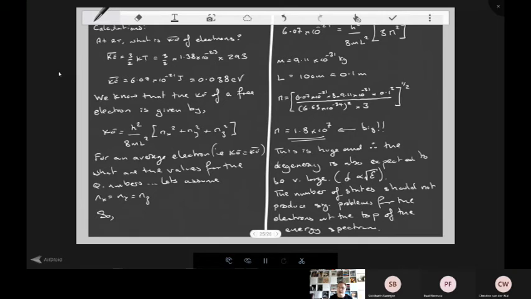Remember what degeneracy is: it's the number of states. A state is an orbital, effectively, with the same energy level. So the degeneracy is so big at this value that it's quite easy for electrons to be excited into the energy levels, and they're not going to get in each other's way.